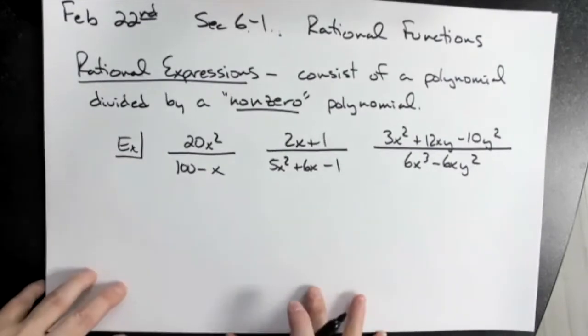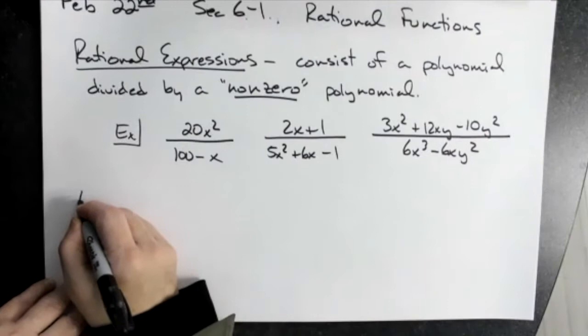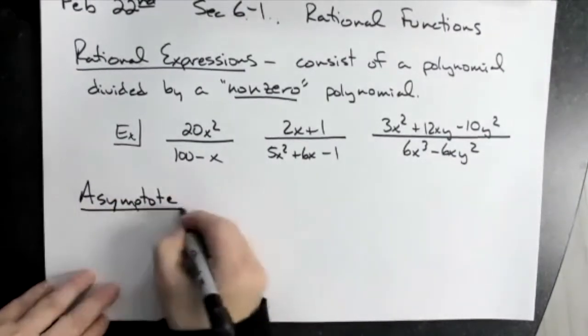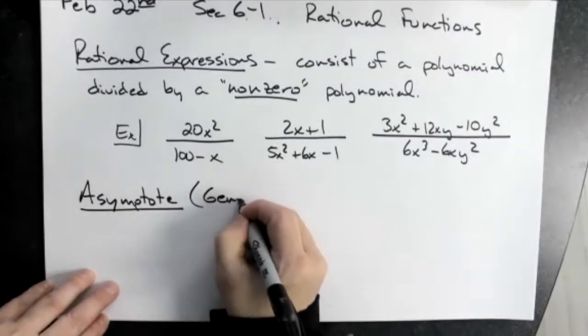Let's first of all do a general definition of an asymptote.